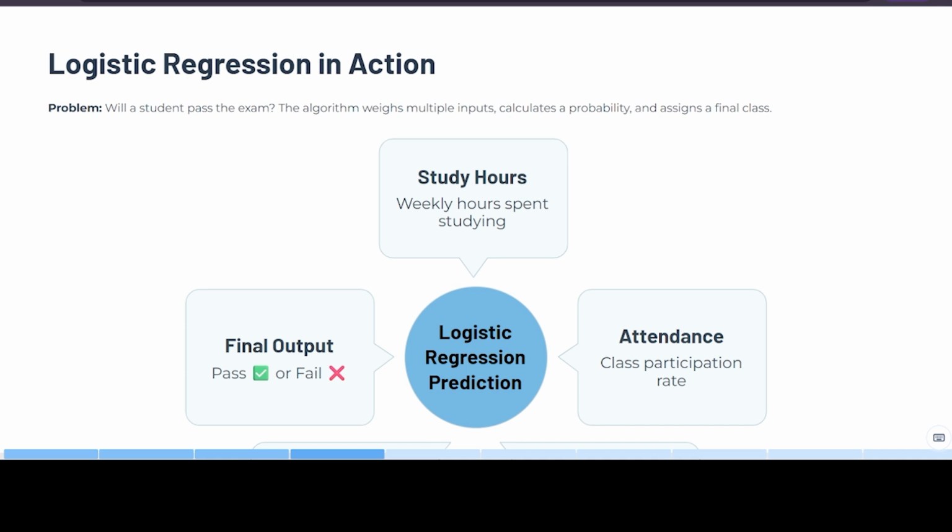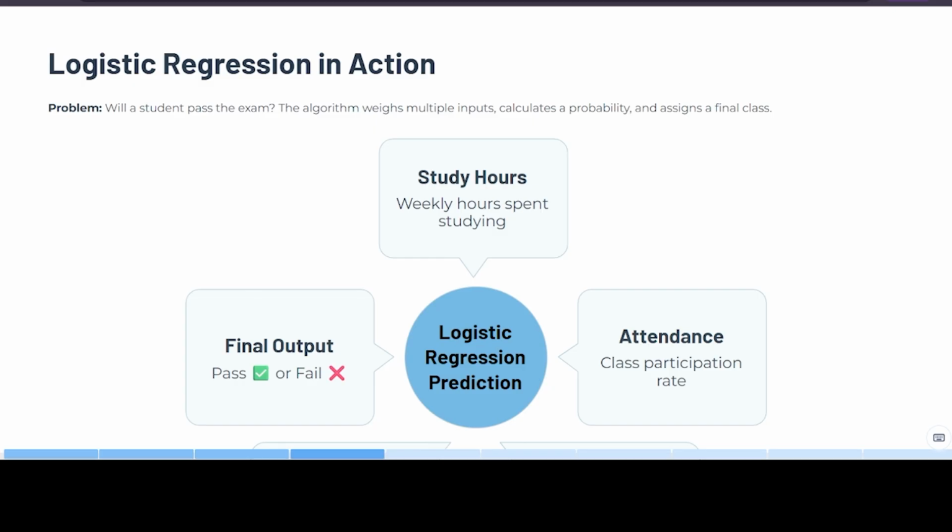Like when the student studies only 2 hours, attendance is less than 50 percent, and the previous exam marks are very low, the probability will say that this particular student is going to fail this exam.